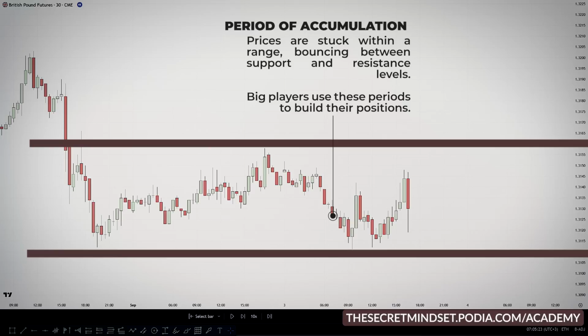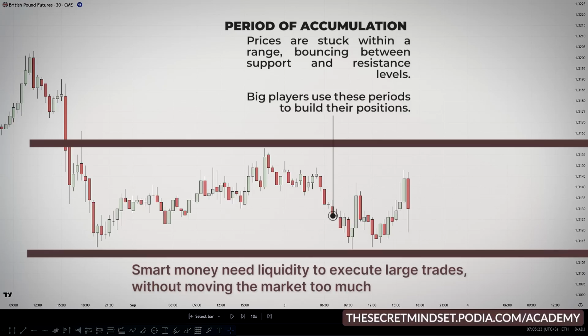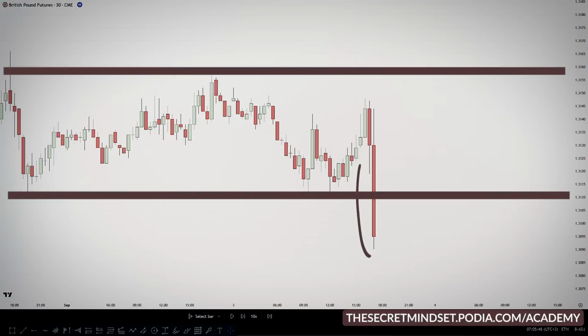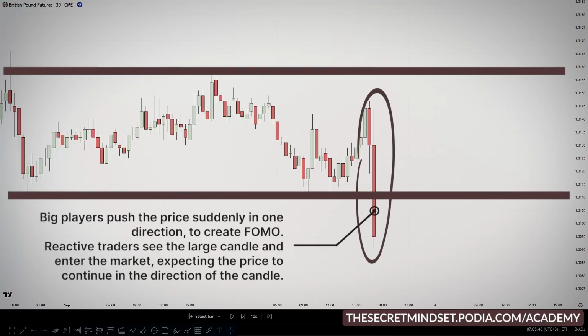Big players use these periods to build their positions, but they also need liquidity to execute large trades without moving the market too much. This is where large candles come into play. What happens is that these big players push the price suddenly in one direction to create FOMO.